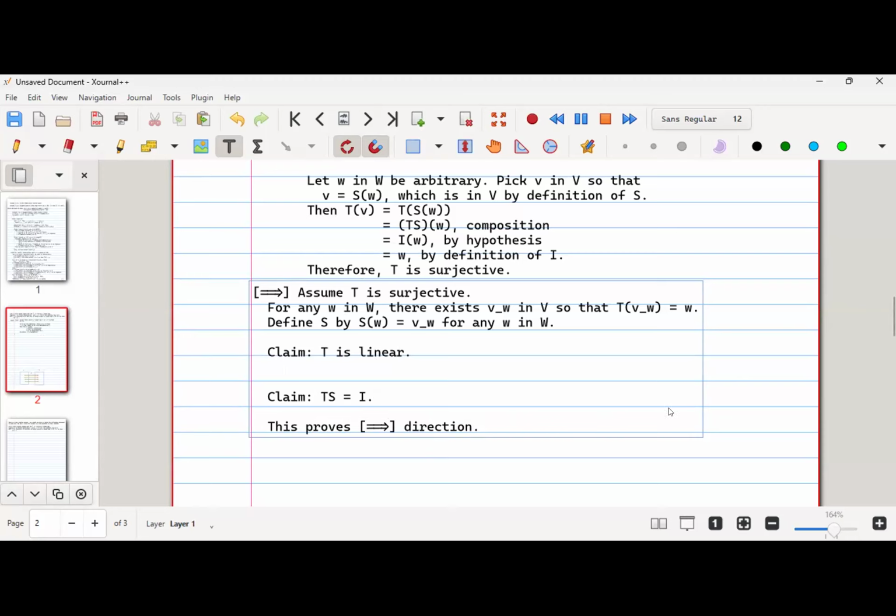The preamble says T is linear. Oh, sorry, S is linear. Sorry. Good catch. We're not trying to satisfy S is injective, though.